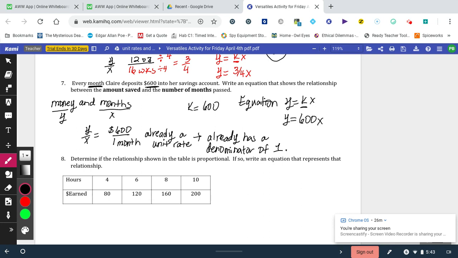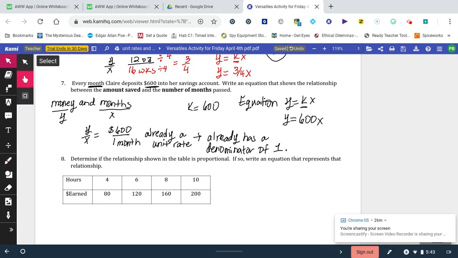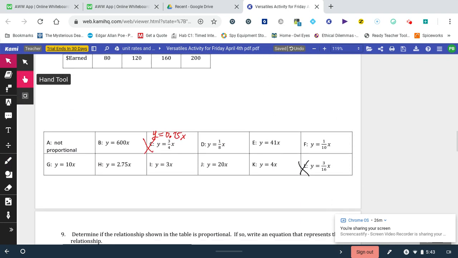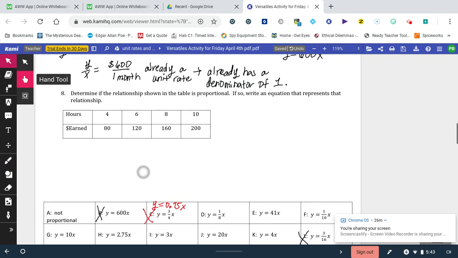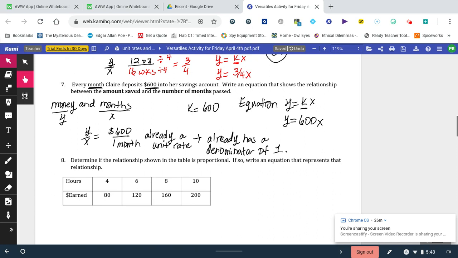So if we try to find what box matches y equals 600x, it's B. Let's cross out B. I'm going to put B right here, and number 7.